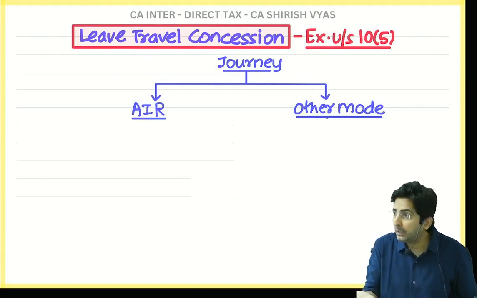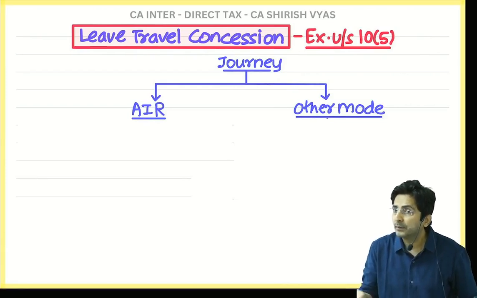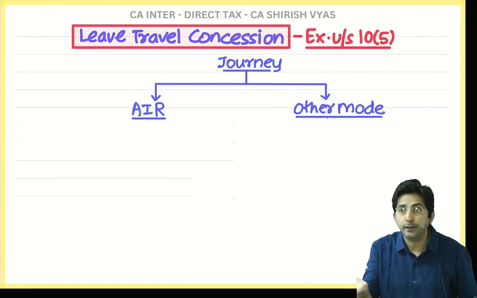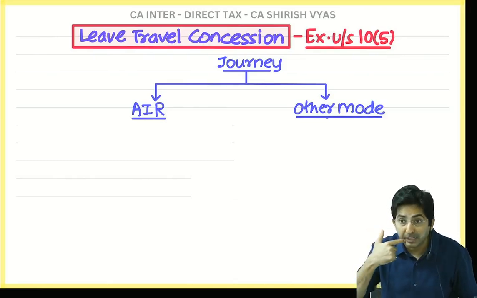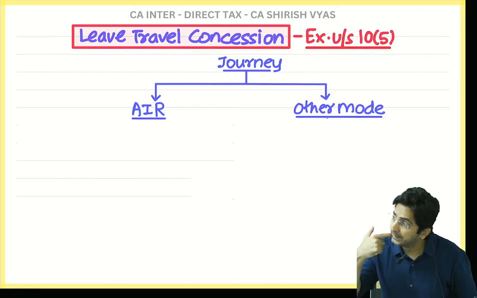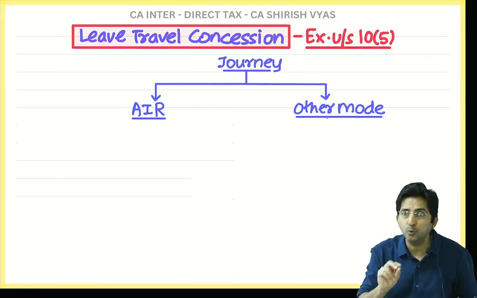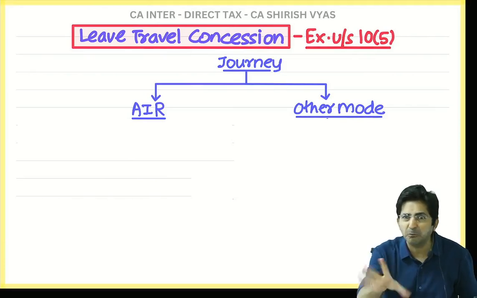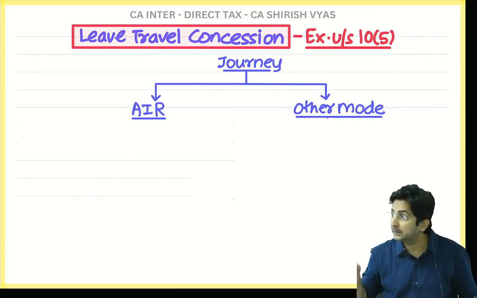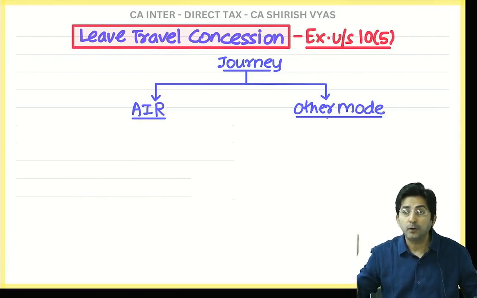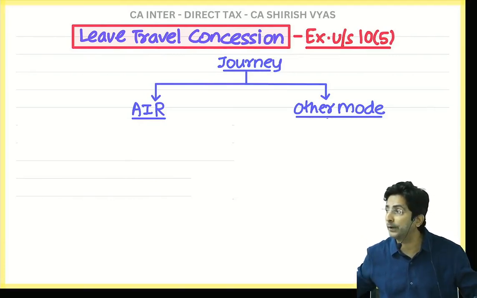And government will give you exemption based on first class AC rail fare, which is a big amount. In train also I am saying first class, that also AC. Otherwise, there is 3-tier AC, 2-tier AC, sleeper, general coach also. But government is giving exemption up to first class AC rail fare.